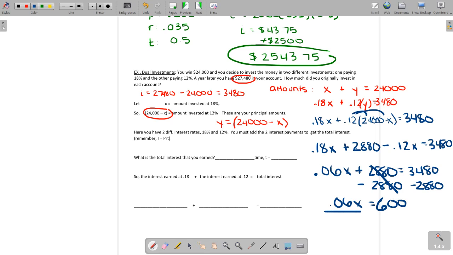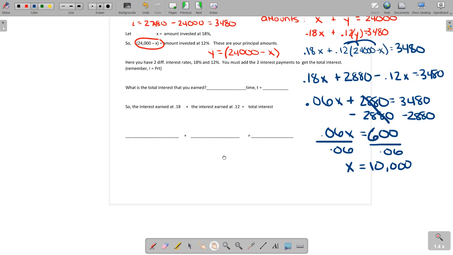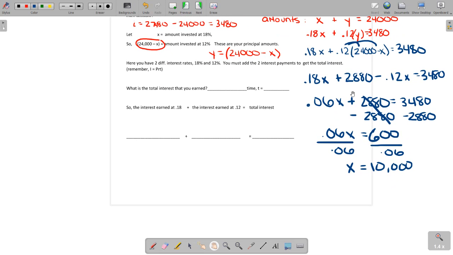And then we're going to divide by 0.06. So that is going to give us 600 divided by 0.06. It should be 10,000. All right, so we get 10,000. That's going to be the amount invested in X. And what we did before, that was the 0.18 here.